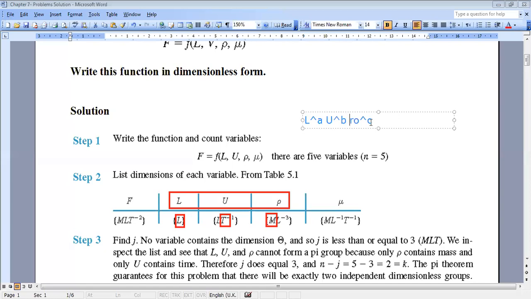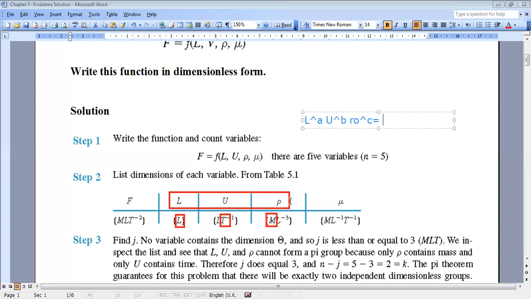When you want to form groups, you should choose independent variables. You choose the variables that are independent, and then the groups you have: F will form a group with L, U and rho, and mu will form a group with L, U and rho. So you should first choose 3 independent variables. Why L, U and rho?